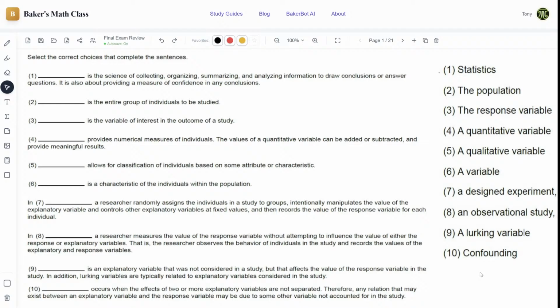A lurking variable is an explanatory variable that was not considered in the study. So things that could cause problems, but you were not actually looking for. And confounding occurs when the effects of two or more explanatory variables were not separated. Therefore, we can't tell the difference between the two.